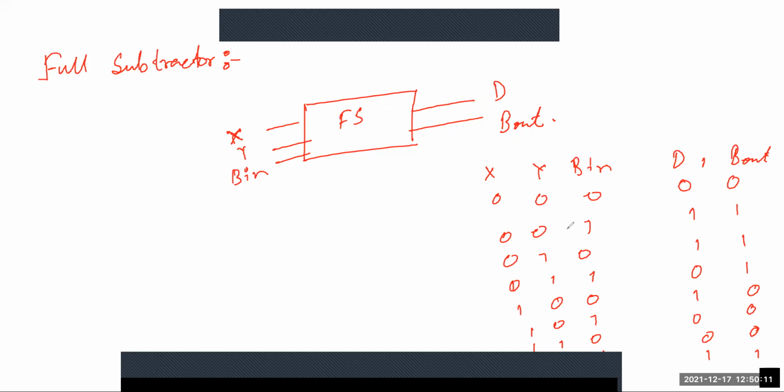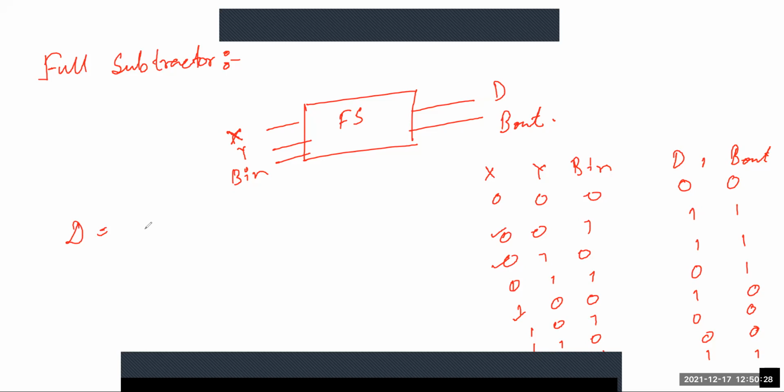Okay, so first we will calculate for the case of difference. We can write this is one combination, this is another, and the last combination.